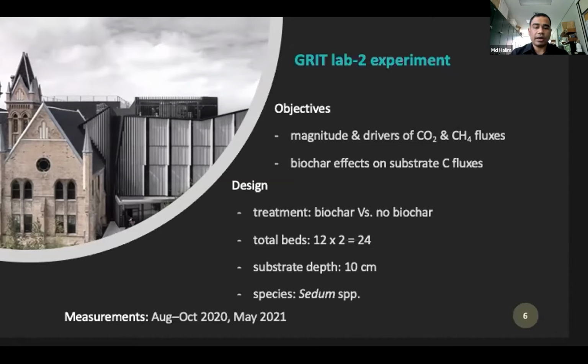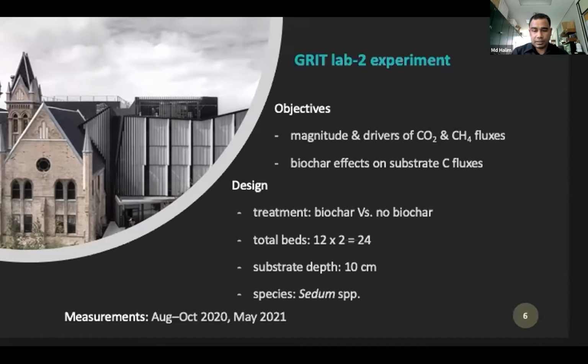So the question is why we're looking at the biochar treatment, as we have already heard a lot of fantastic discussion on the properties of biochar as an amendment to soil. Biochar is also known to reduce carbon mineralization. It enhances water retention capacity, and in some systems, it can increase methane oxidation.